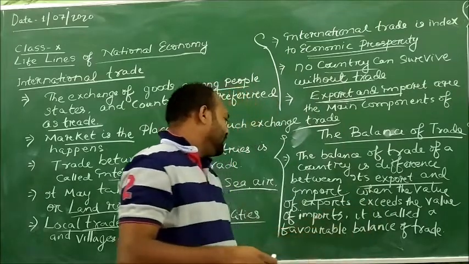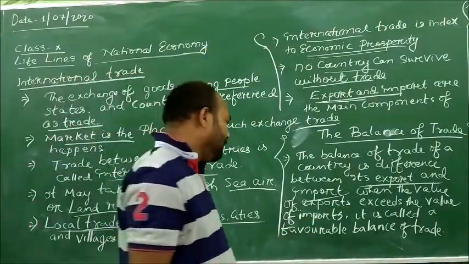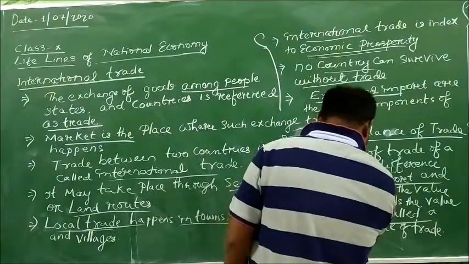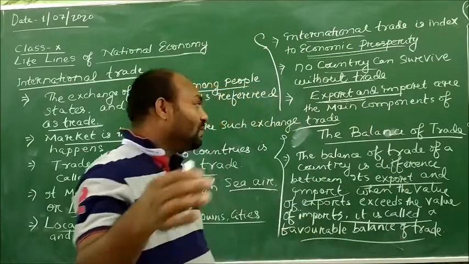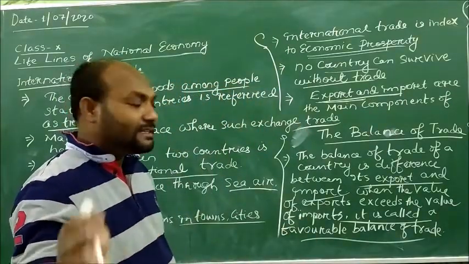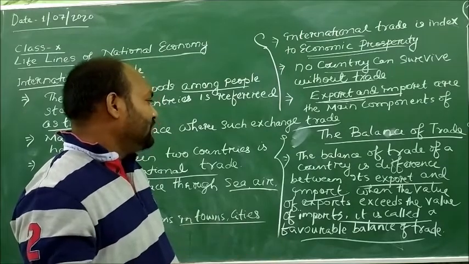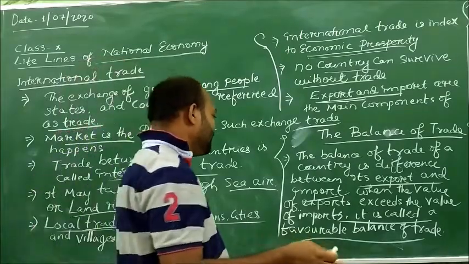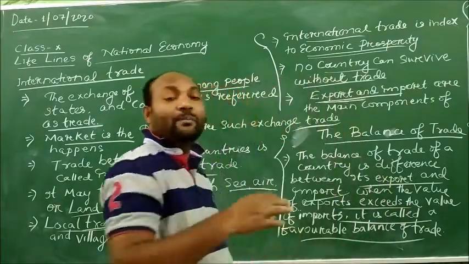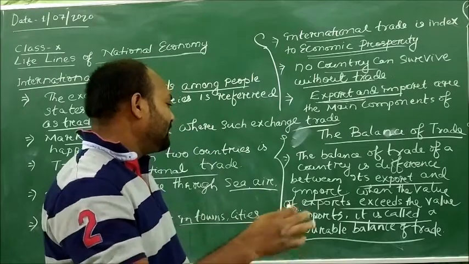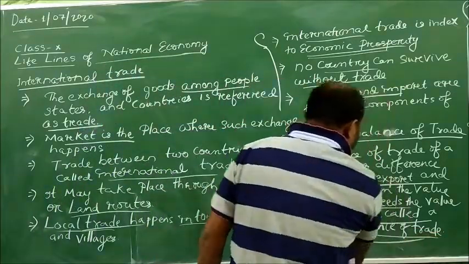When the value of exports exceeds the value of imports, it is called a favorable balance of trade. So what is called the balance of trade, dear children? The balance of trade refers to the value of exports exceeding the value of imports, and such a situation is called a favorable balance of trade.